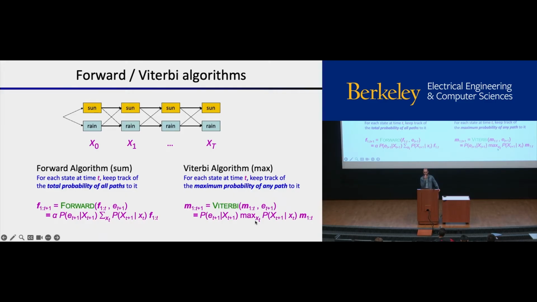Yeah? Because ultimately what we care about is the argmax. So we care about which path got us there, not the number that it comes with. So it's not so much setting alpha equal to 1, it's just ignoring it.